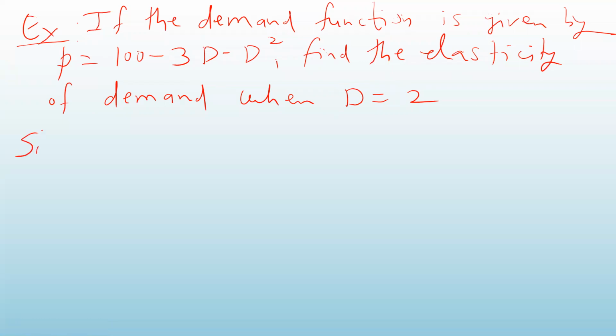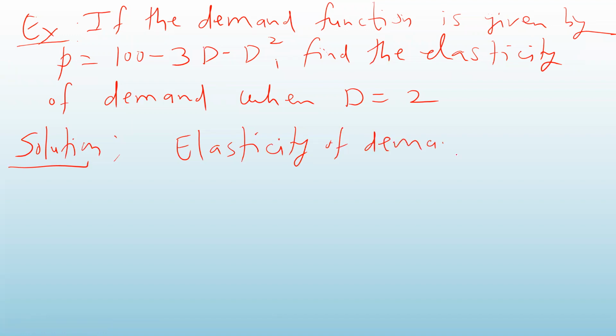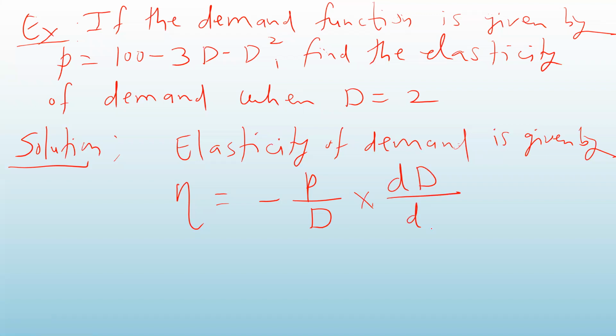So as we know, what is the formula to calculate the elasticity of demand? Elasticity of demand is given by eta equal to minus P upon D into derivative of D with respect to P. See why we are taking here minus sign, because as you know that demand function is a decreasing function.